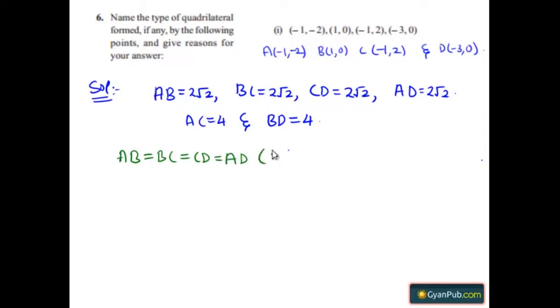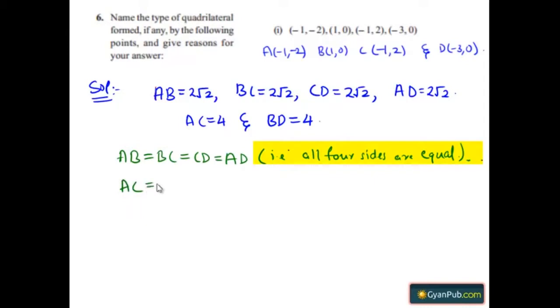That means all the four sides are equal. Also AC equals BD. From this we can say that the lengths of the diagonals of quadrilateral ABCD are equal.